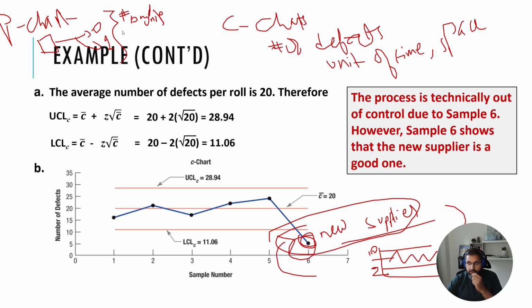So they're different things. If the underlying data is 0, 1, yes or no, and you're summarizing a sample by the number of bad units in a sample, that's a P chart. But if the underlying data is not 0, 1, you're just counting defects on a unit of time or a unit of space, like a sheet, a roll of paper, or accidents in a month, then you're going to go with a C chart. Okay.